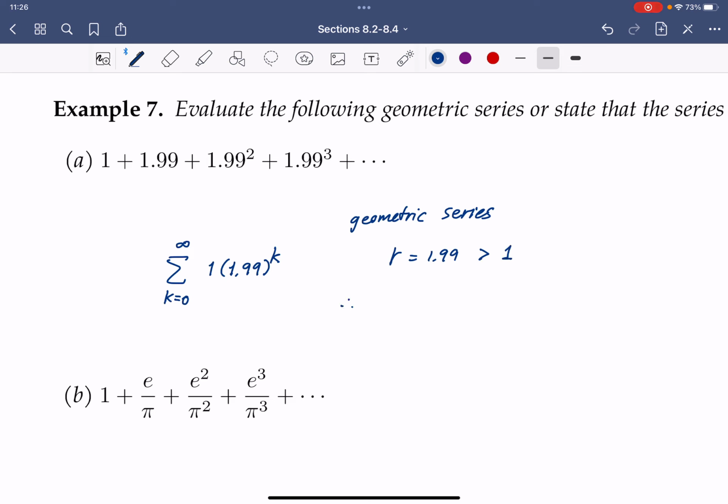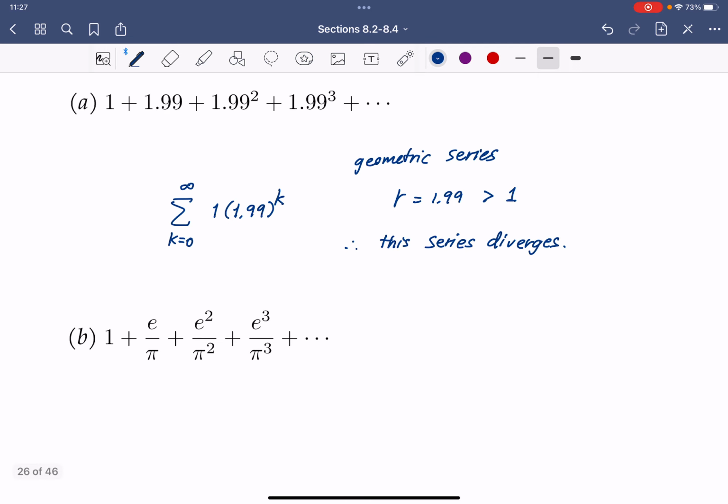Which means this series is divergent. That's it. A divergent geometric series is easy, because absolute r bigger than 1, you can conclude it is divergent. That's it.